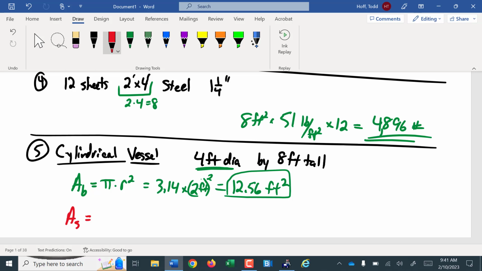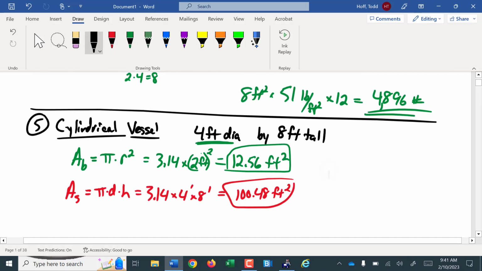So how do we find the circumference of a circle? Pi times diameter, and then, of course, to get the area, it'll be times that height. So 3.14 times 4 feet times 8 feet tall. You got it. And what does that come out to be? 100.48 square feet.